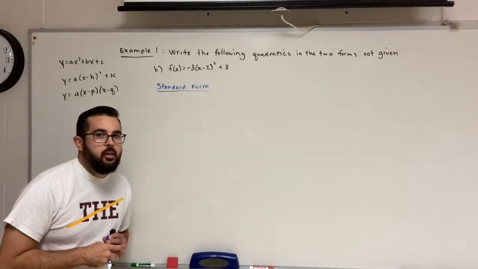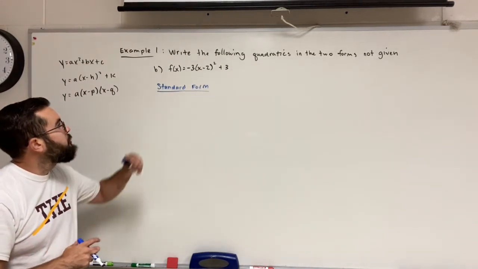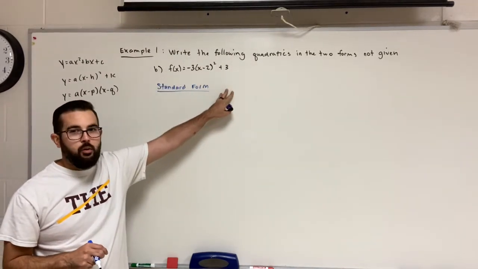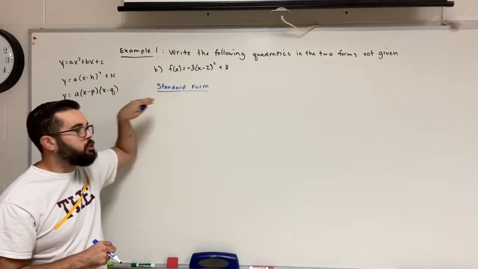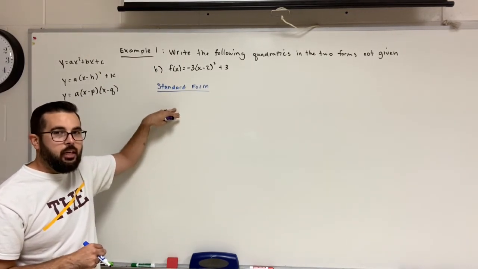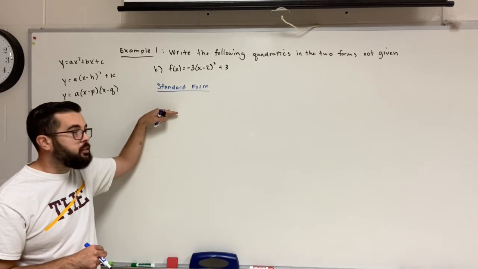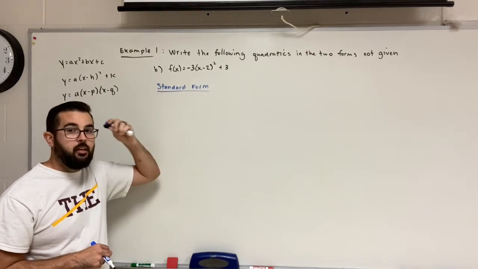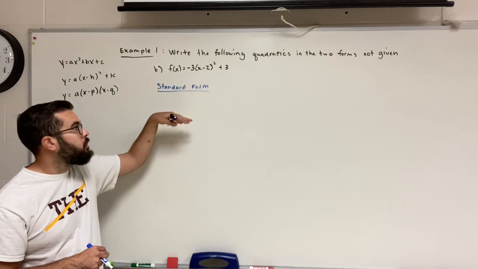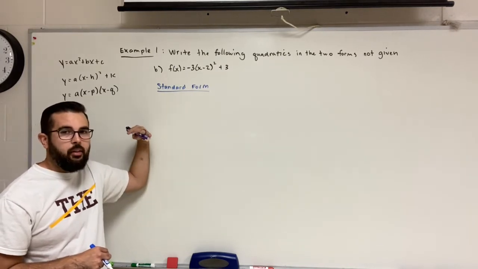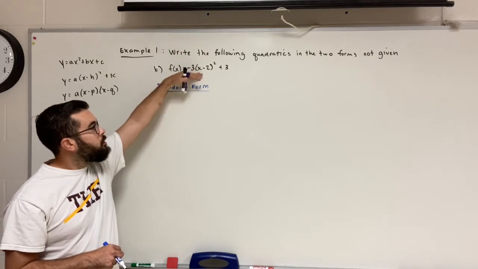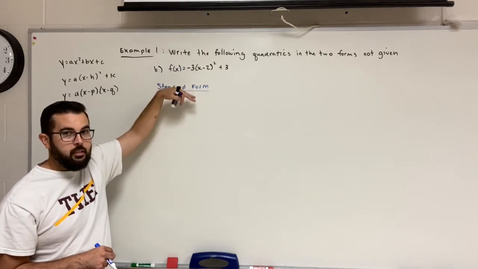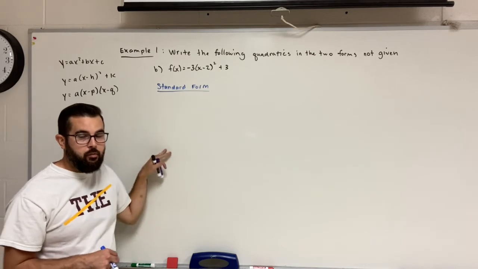Now it's important to note that going straight from vertex to factored form is not a very easy process without first going to standard form. So I am going to do standard form first. The previous problem I could have done factored form first or vertex form. It doesn't matter there, but here it does matter. Here you're going to want to start by going from vertex to standard, then from standard to factored.